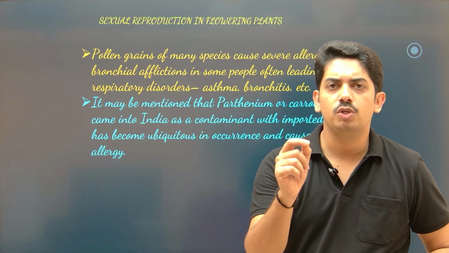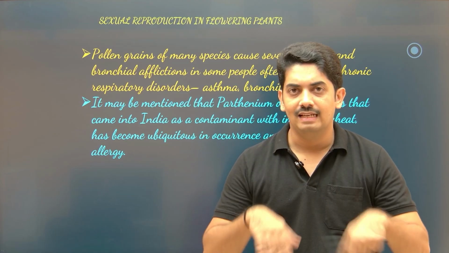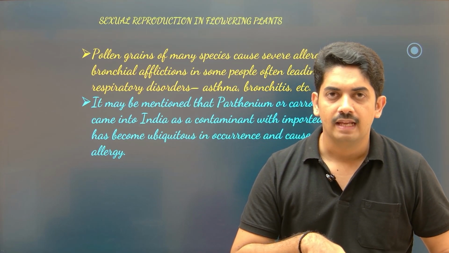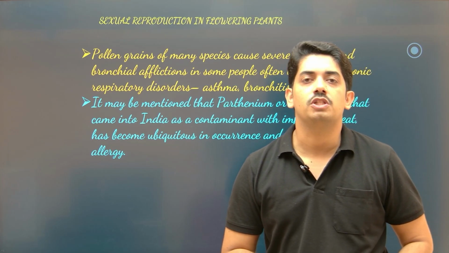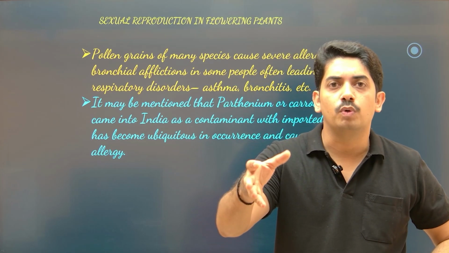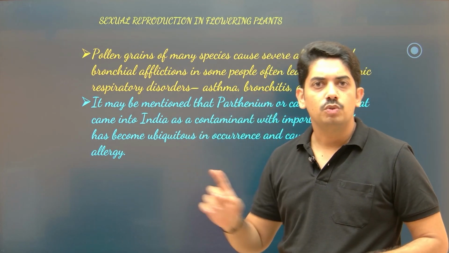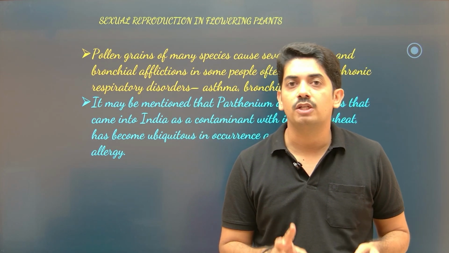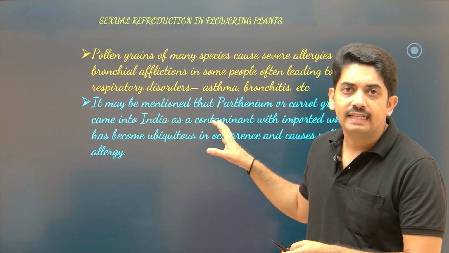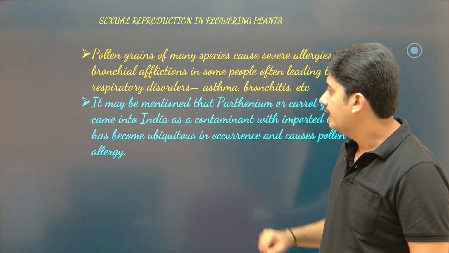They are very minute, so they are present in the air. When you inhale, along with the air these pollen grains enter your respiratory tract and severely cause allergies. Continuous exposure to these types of pollen grains may lead to asthma or bronchitis. These two are diseases related to our respiratory tract. There is difficulty in breathing in individuals suffering from asthma and bronchitis.